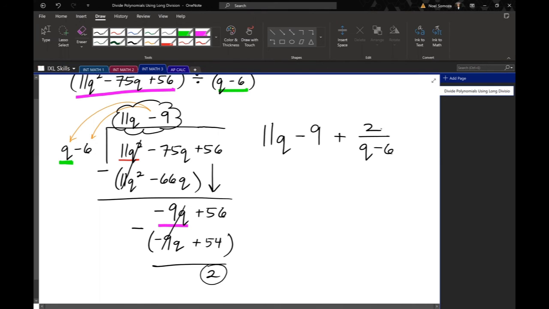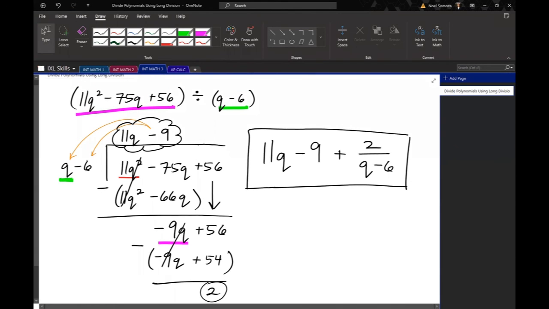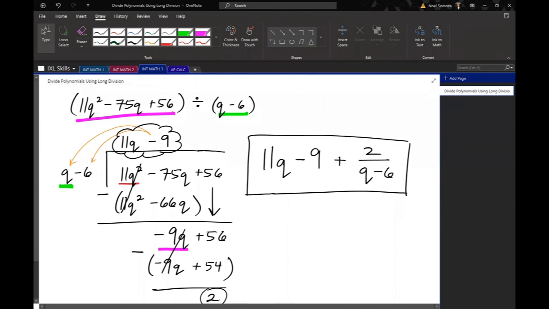The remainder is the numerator, and your original divisor becomes your denominator. Usually you'll leave a remainder in fraction format, where it's being divided by that original divisor of q minus 6. So this right here gives us our quotient and our remainder when we divide 11q squared minus 75q plus 56 by q minus 6.